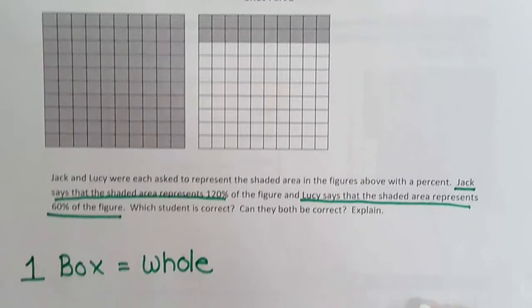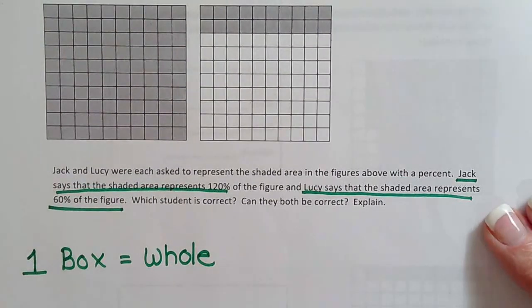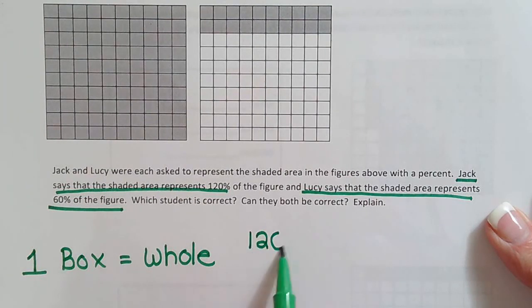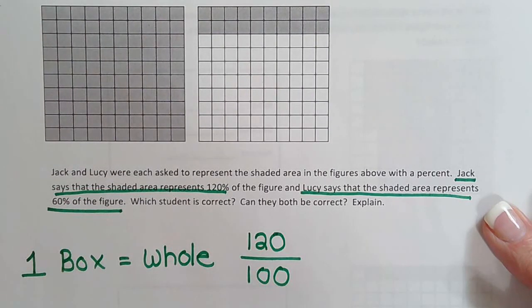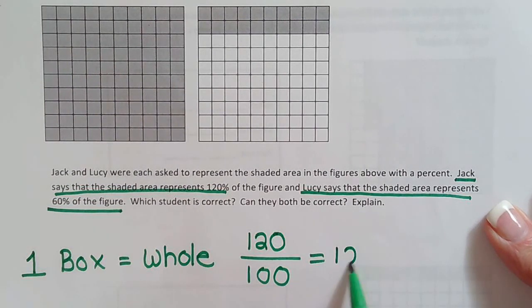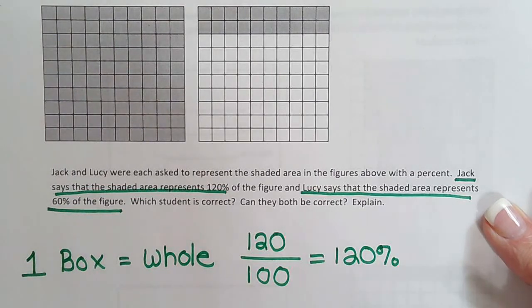So if one box equals the whole, then we could say, okay, 120 are shaded out of 100 make a whole, right? And does everybody agree if you got 120 on a 100-point test, that would be 120%? You just got a bunch of extra credit because 100 out of 100 is 100%. So 120 out of 100 has to be higher.